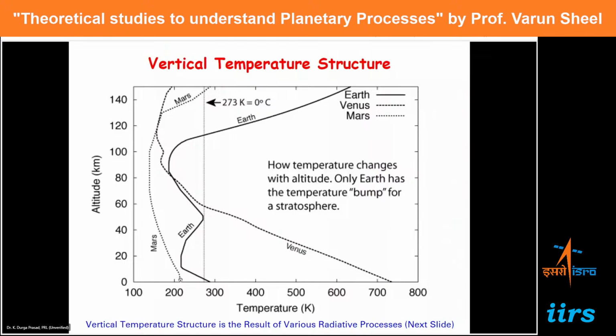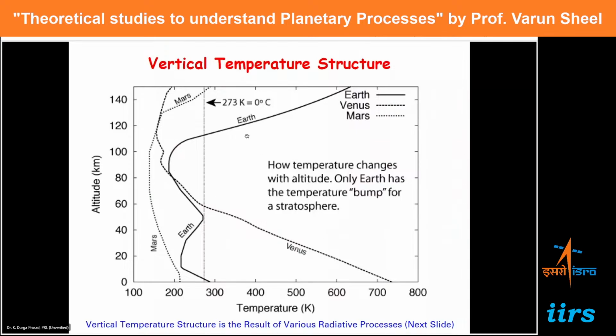In the case of Mars, you have a thermal structure completely different from what we have at Earth and Venus. You have temperature not decreasing as drastically as Earth, but it still decreases up to 40, 50 kilometers, and then it more or less remains constant. What is the basic reason for this?